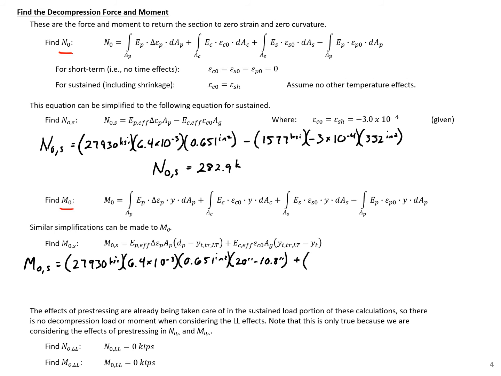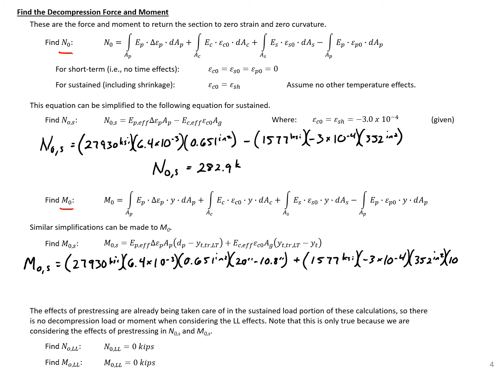And then we add in our effective modulus for our concrete, 1,577 KSI, times negative 3 times 10 to the negative fourth, times our gross area here, 352 square inches, times our distance between the top and the centroid of our transformed section minus the distance between the top and the centroid of our gross section.